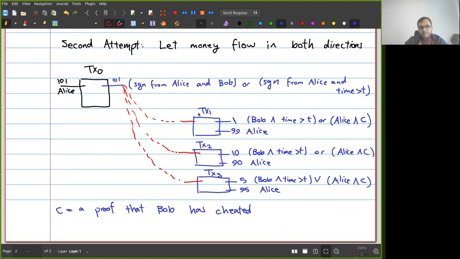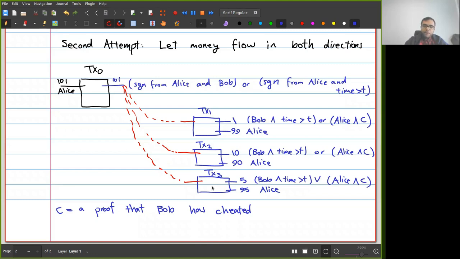She signs this transaction TX1 and sends it to Bob. Now, of course, TX1 is using this output, so it needs Bob's signature to be valid. So Bob can sign TX1 and publish it at any time. And the same thing happens with transaction 2, TX2, and TX3 here.